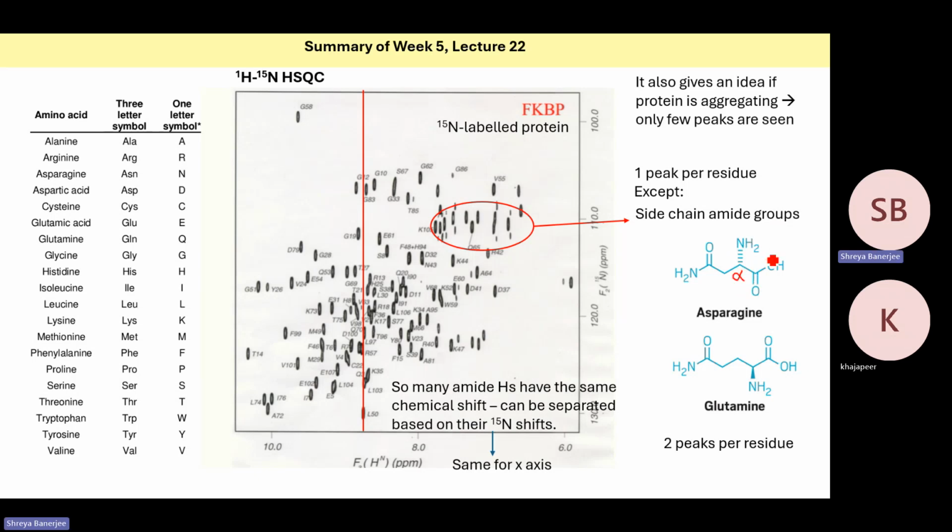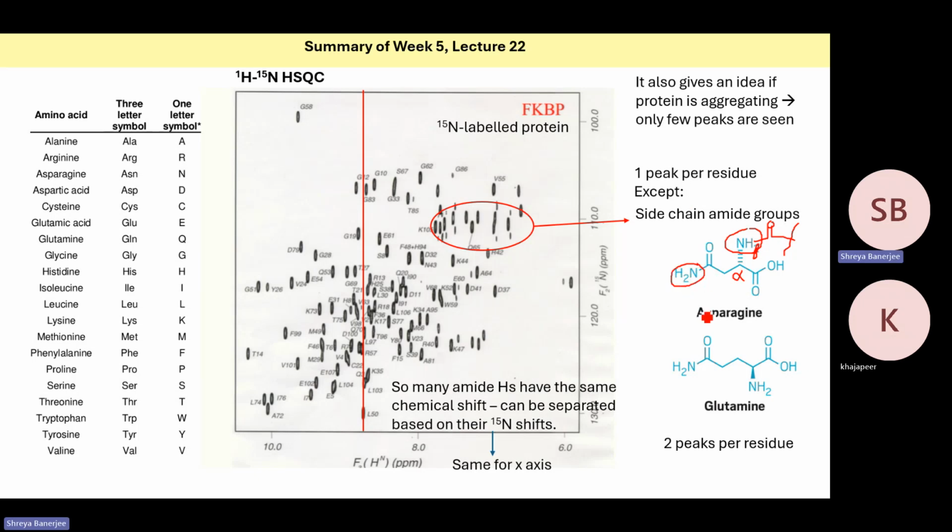Now there is only one alpha NH, because it will be connected to the previous or the next amino acid by an amide bond. So there is one NH which is attached to the alpha carbon, and the side chain or R group is a CH2CONH2. So there is another NH2 group.